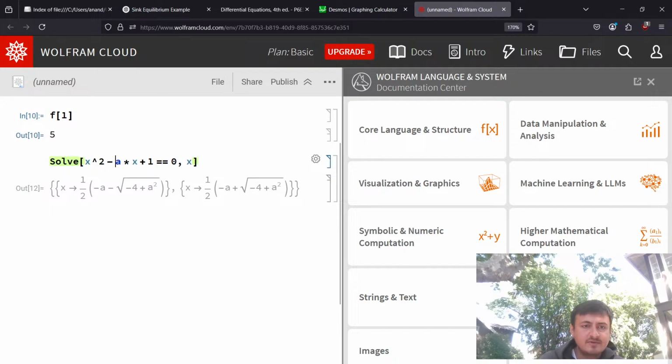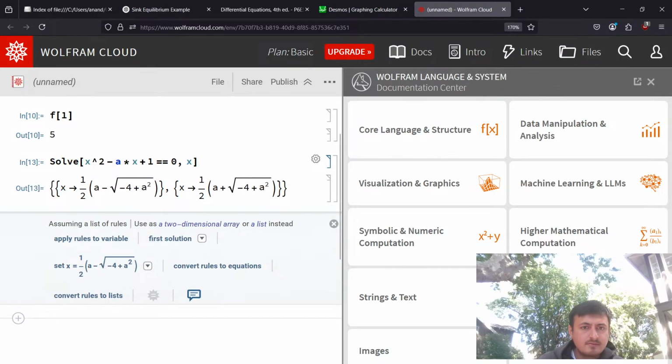See, that is my fatal flaw. Okay, so we're going to get y is equal to A plus or minus the square root of B squared, which is minus A squared, so A squared minus 4, over 2.